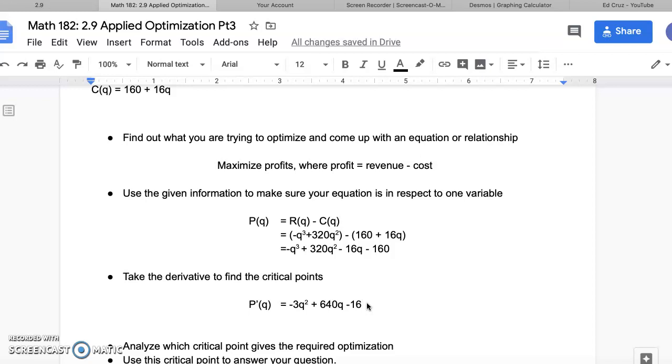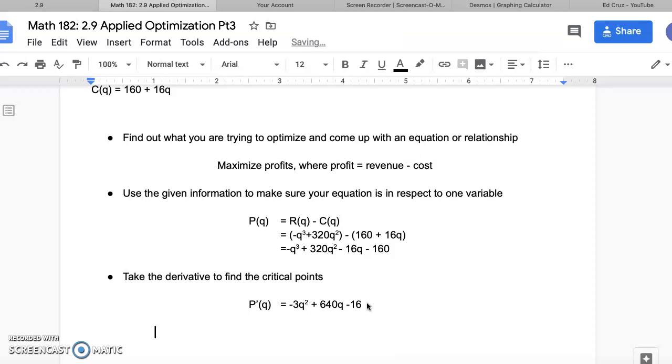So let's go ahead and set this equation equal to 0. So 0 equals this. There we go. And I'm going to go ahead and use the quadratic formula to solve this.